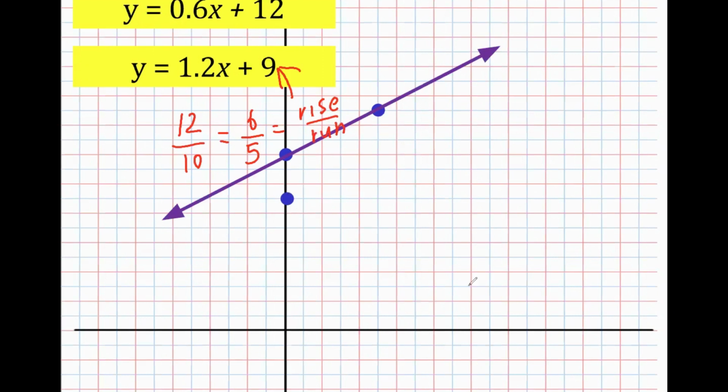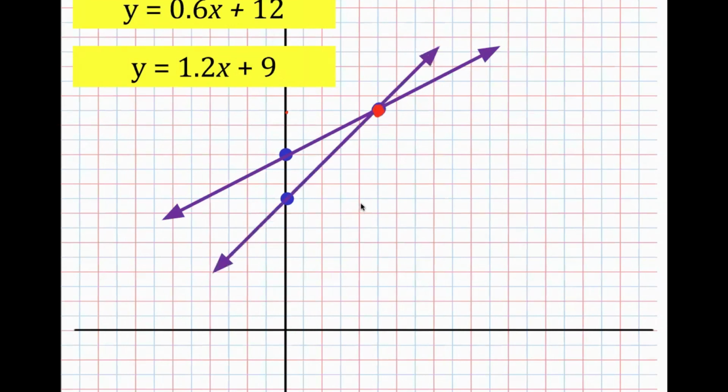So from your 9 here, rise 6 units, and that would be right here, and then run 5. That would be at this point. And notice here that it intersects your other line. So you can go ahead and draw your line through your 2 points and analyze your point of intersection.